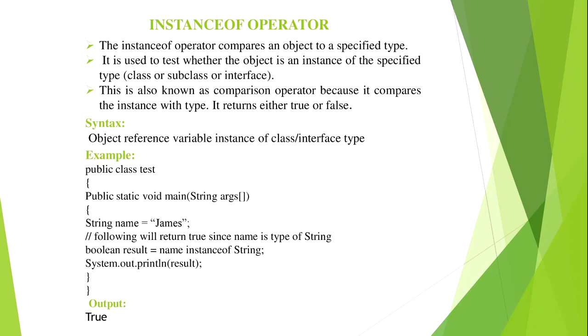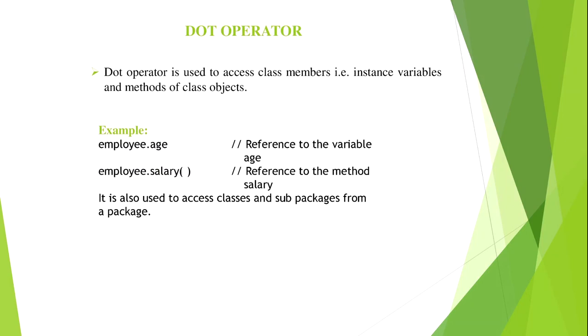Now the next operator is the dot operator. It is also called the member selection operator. I have already told you that the special operators in the Java programming language consist of two operators. The first operator is the instanceof operator and the second operator is the dot operator. This dot operator is also called the member selection operator, as you have already used the dot operator last year in C++ to access the class members.